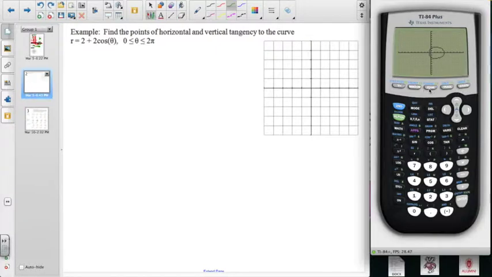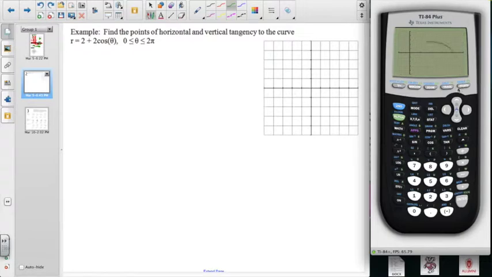If we zoom on that, in fact, let's not zoom, we'll just set a window here. We're going from 0 to 2 pi, and our Cartesian window, we can go from -1 to 5, and from -5 to 5.